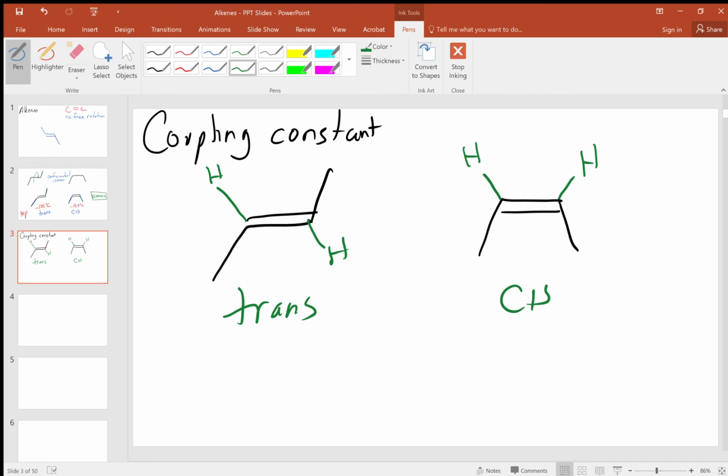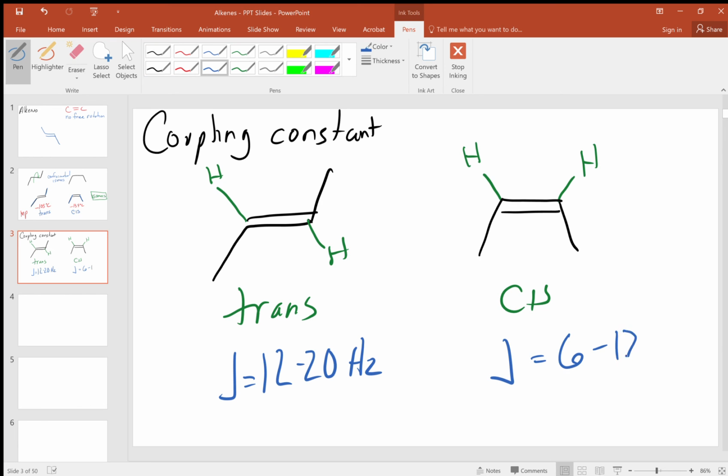How does it do that? Well, if the alkene is trans, then the coupling constant, or the distance between the peaks in that splitting pattern, will be between 12 and 20 hertz. Whereas for a cis alkene, the coupling constant is much smaller, 6 to 12 hertz. And so that's how we can distinguish between them.